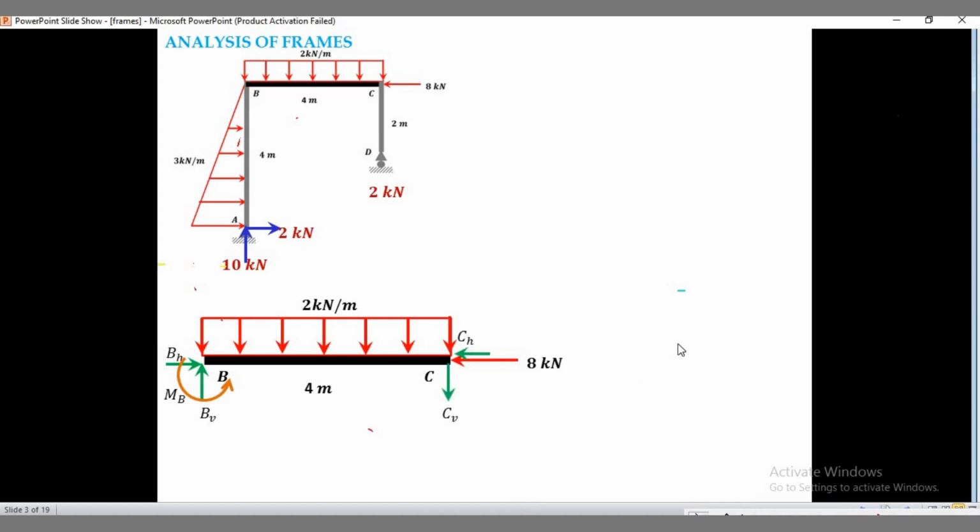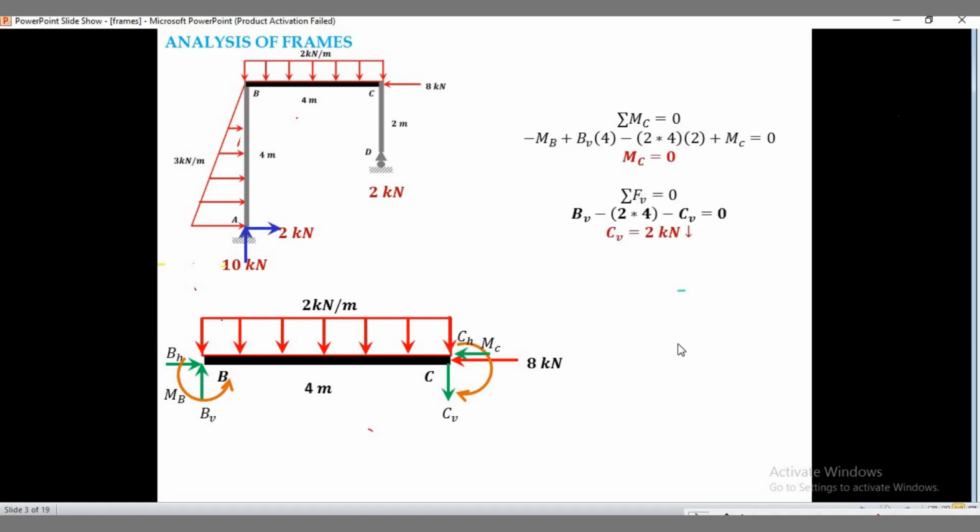We also have an internal reaction at point C since that is a pin connection. We have CV, CH, and MC. If I take summation of moments at C, it turns out my MC is equal to 0. Then, summation of forces along the vertical axis, my CV is equal to 2.